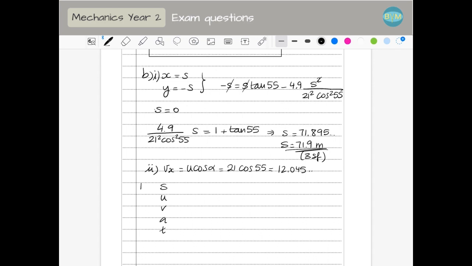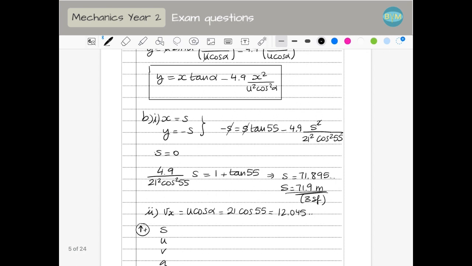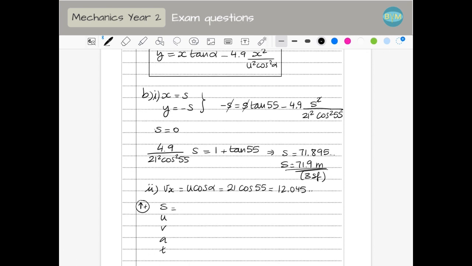So if I consider positive up, s is going to be this one here, but negative, because my particle now is here, minus 71 point something meters below where it started. So this is going to be minus 71.9.